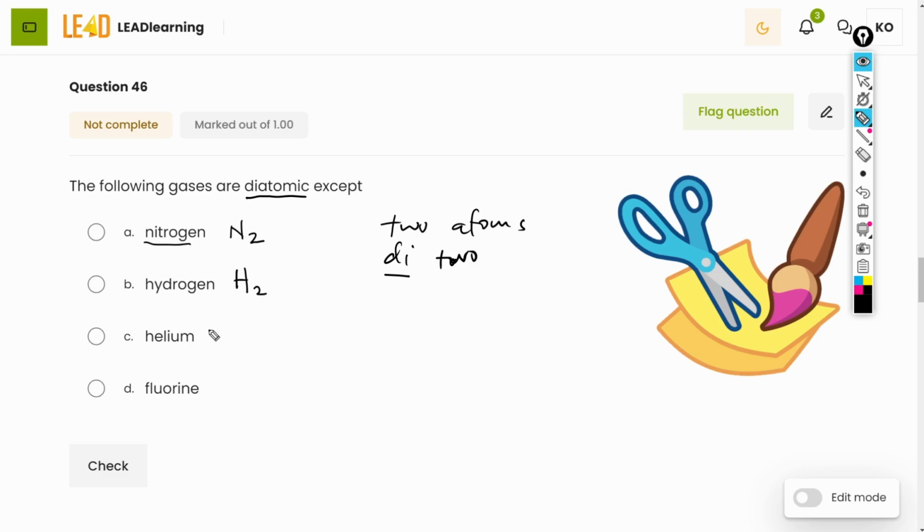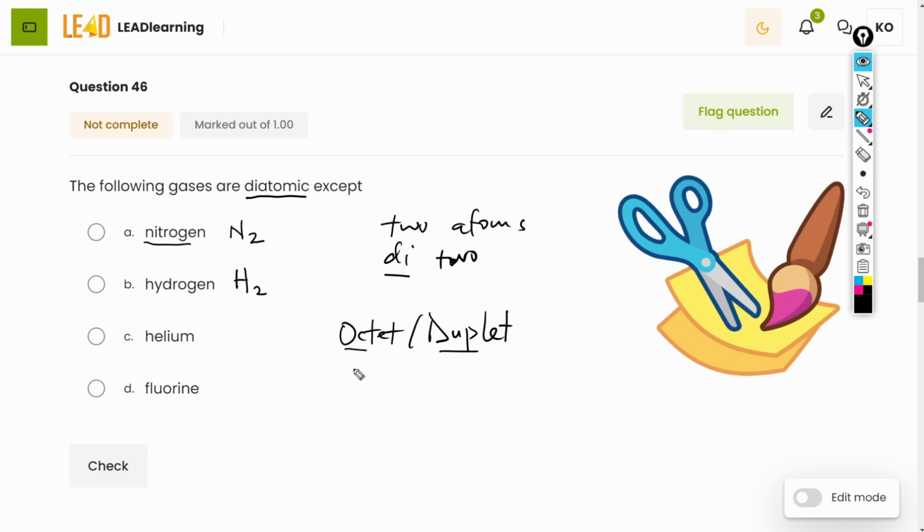Helium is a group 8 element, and because the group 8 elements already have an octet or duplet configuration, that's in the case of helium, that means their outermost shell or their valence shell is filled up. These atoms will not combine with themselves or even with another atom.